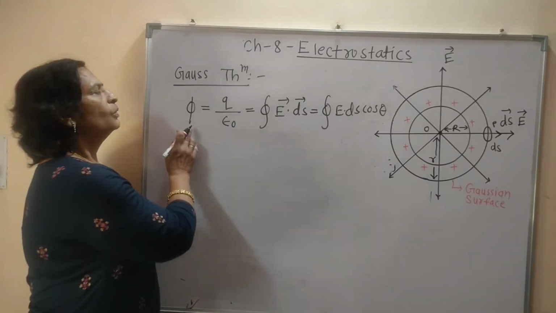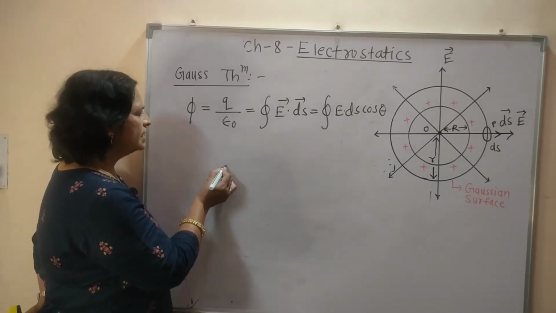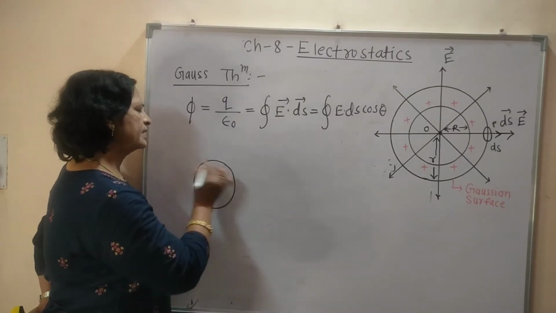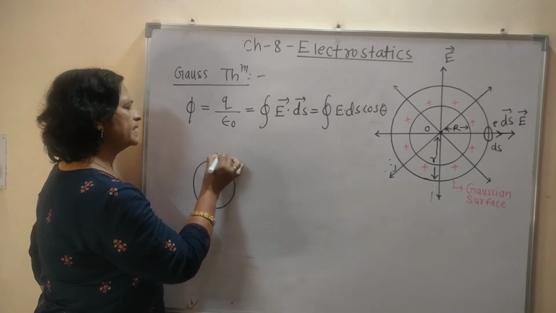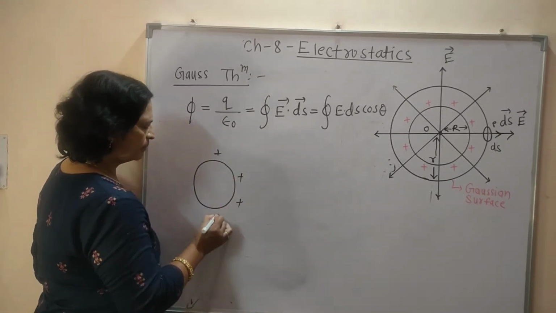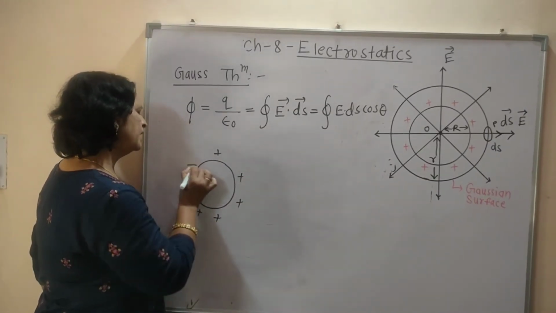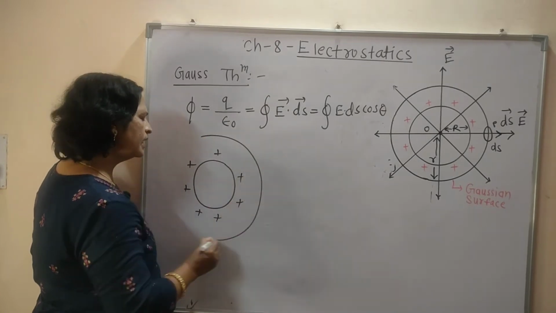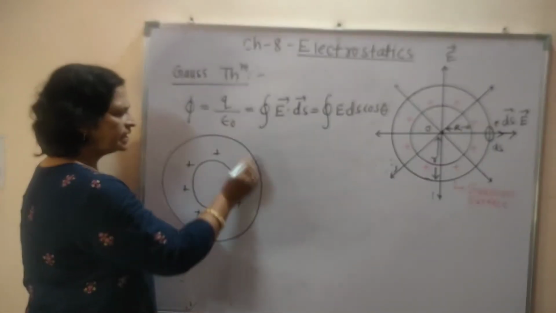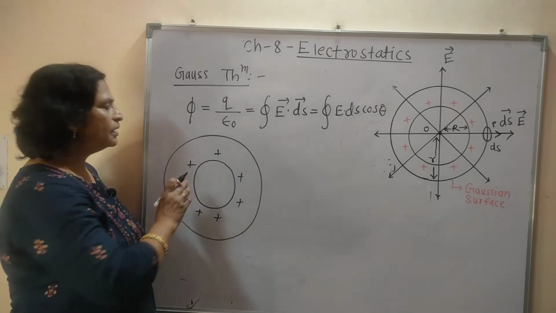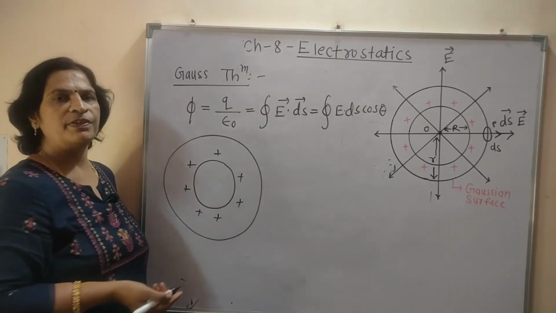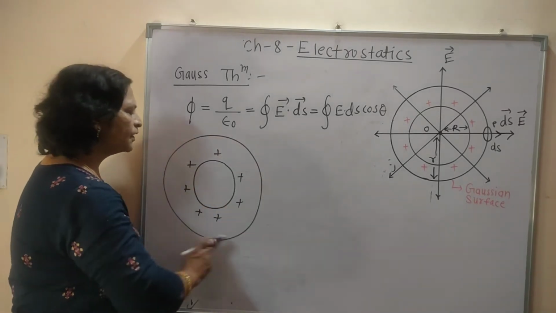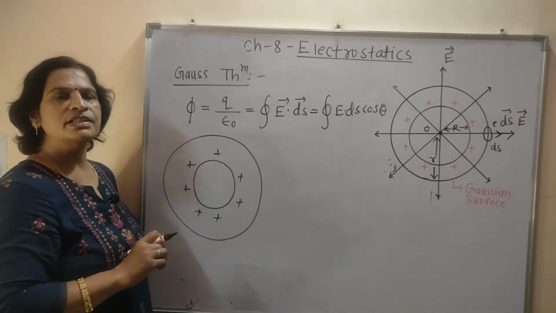Then, to explain the Gauss theorem, consider a surface to which a charge is supplied. Suppose these are the charges supplied to that surface. Then consider an imaginary surface. This imaginary surface is called the Gaussian surface.